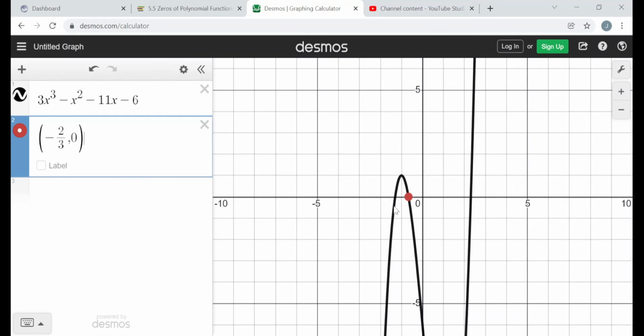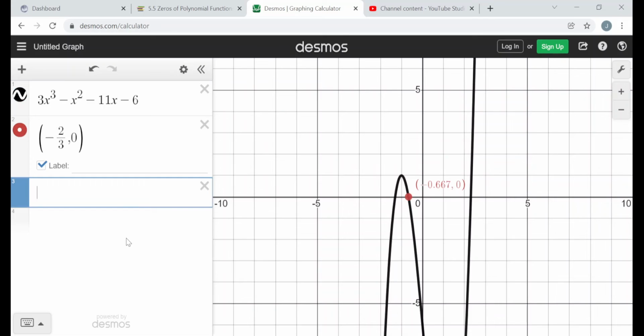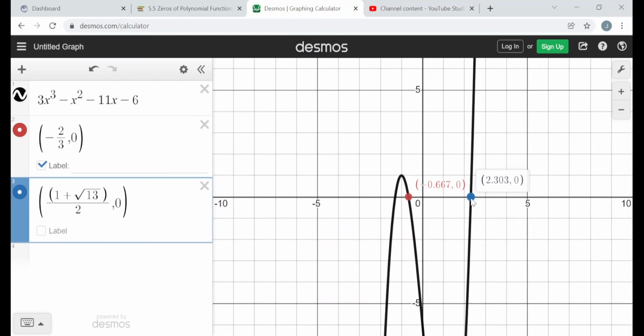Then the other intercepts are at negative 1.303 and 2.303. Those are rounded. Let me plot those points. We said one of them was at 1 plus the square root of 13, all divided by 2, comma 0. There's that point, see it's on the graph.